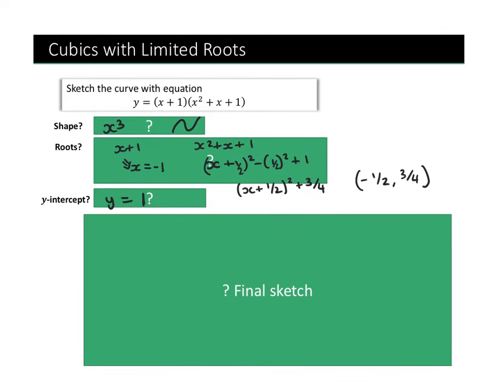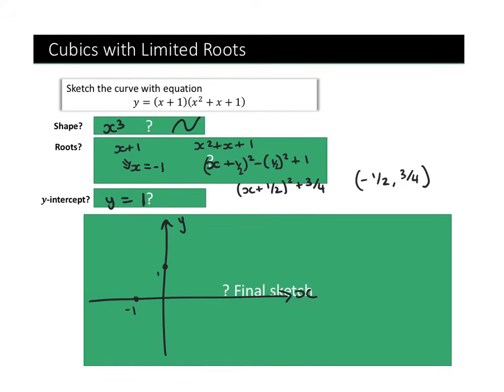So our final sketch is going to look like this. Are we ready? Here we go. So we have our x, we have our y. So how it's going to look is we know it's going to cross at minus 1. It's going to cross again at 1. Okay, and then it's not going to have any roots. So it's going to look like this.